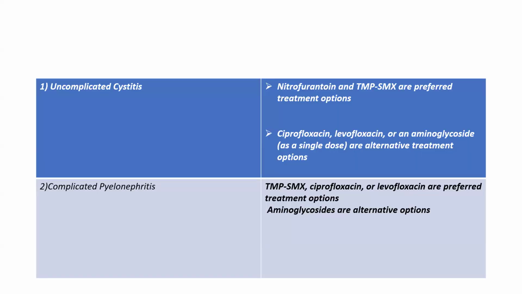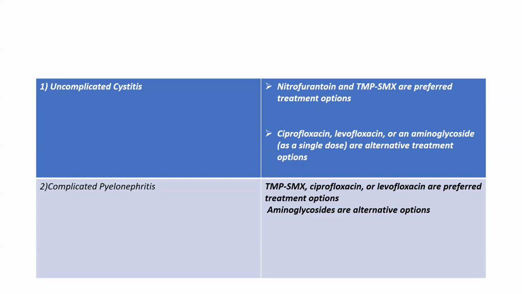Now again, the treatment options are divided into drug treatment for uncomplicated cystitis, complicated pyelonephritis, and infection outside the urinary tract. If it is uncomplicated cystitis, then the treatment options are nitrofurantoin and trimethoprim-sulfamethoxazole. The alternative treatments are ciprofloxacin, levofloxacin, and aminoglycoside.